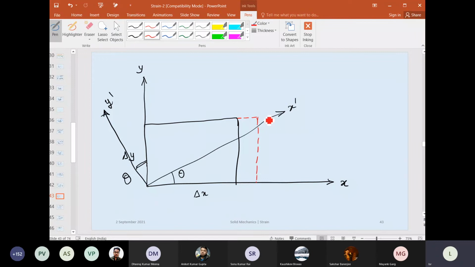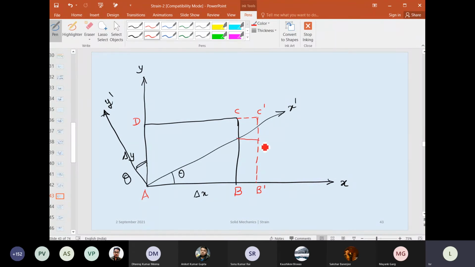We called it as, let us say, A, B, C, D. Okay, C will go to C dash, B will go to B dash. Now what you want?